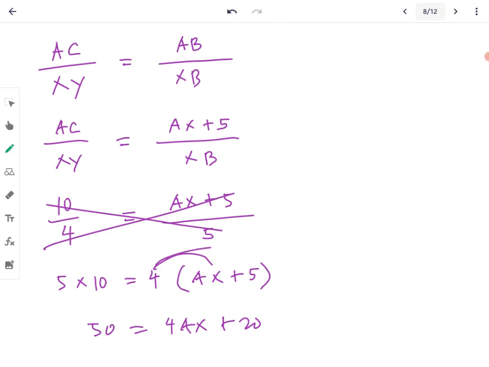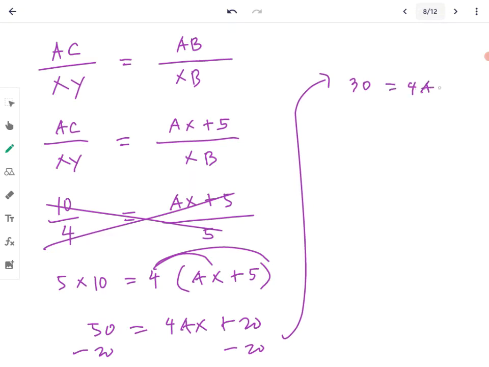Distributing 4 that. From here we can solve the simple linear equation. Subtracting 20 from both sides, we have remaining 30 equals 4 times AX.